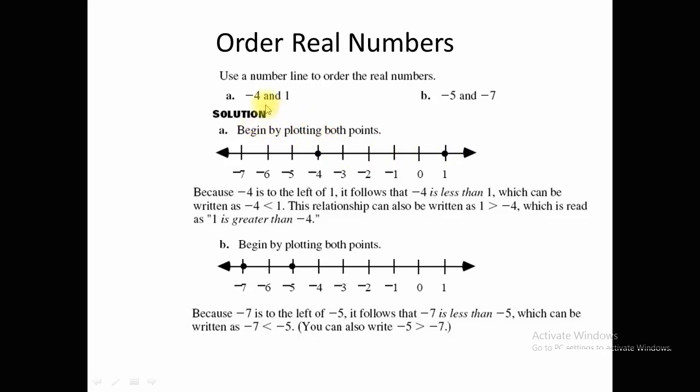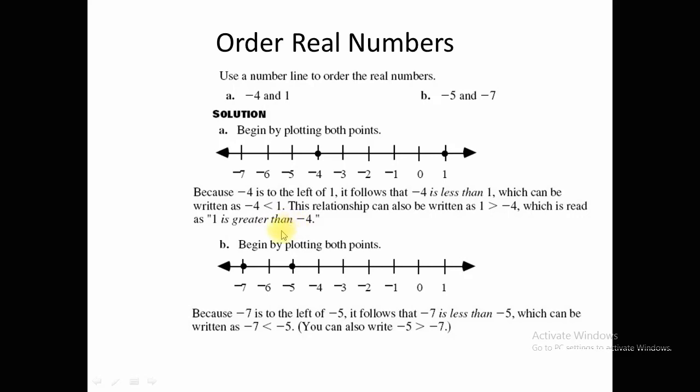This point represents minus 4 and this point represents 1. Because minus 4 is to the left of 1, it follows that minus 4 is less than 1. This relationship can also be written as 1 is greater than minus 4.